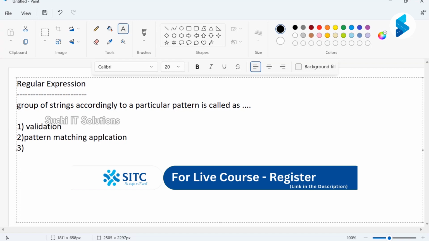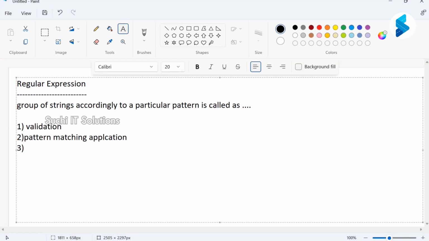Third, we can develop translators like compilers and interpreters, and digital circuits. We can develop communication protocols like TCP/IP. But in application development, according to our knowledge, we mainly use them for performing validation.